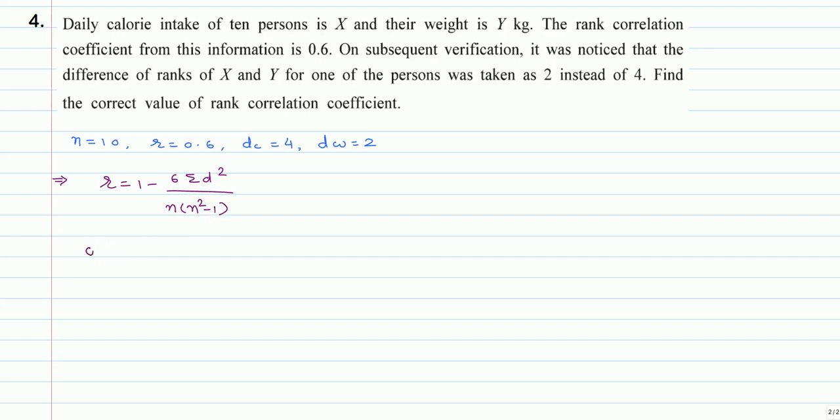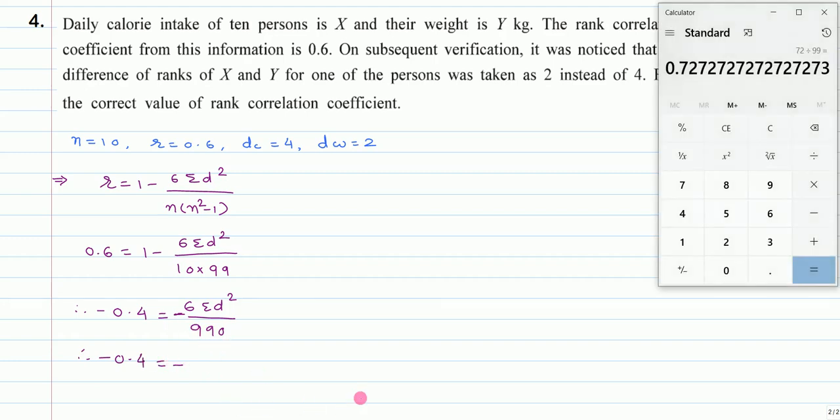Therefore R is equal to 0.6 equals 1 minus 6 into sigma D square, which we don't know, upon n equal to 10 into 99, since 100 minus 1 is 99. Moving to the other side, we get minus 0.4 equals minus 6 sigma D square upon 990.